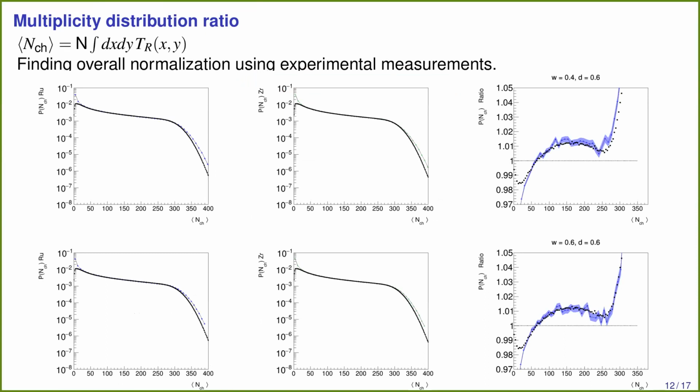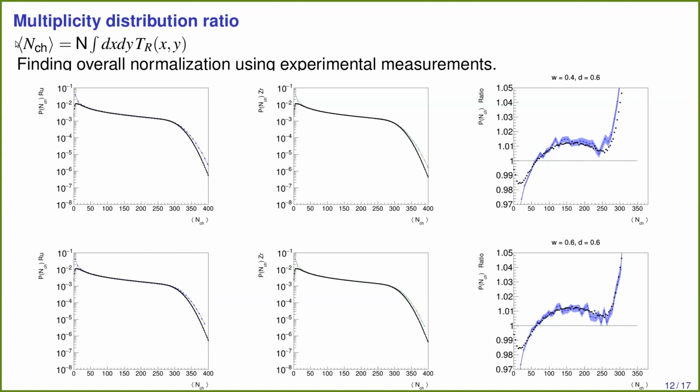There is another thing I forgot to say: Trento returns the charge multiplicity, because fluctuations are included in Trento. Therefore you can get a smooth function for the multiplicity distribution.